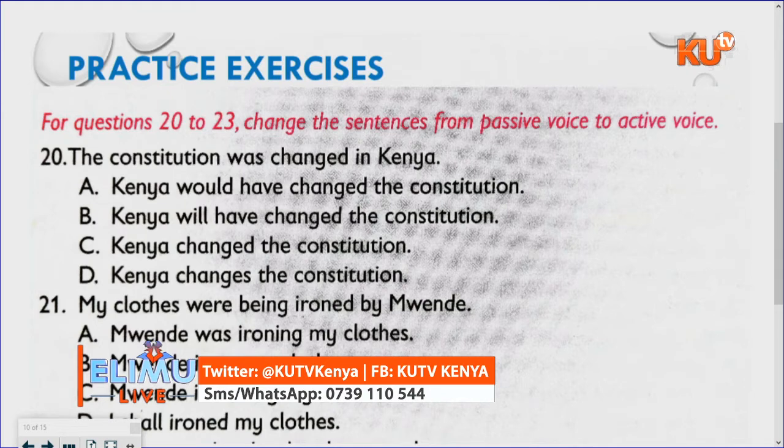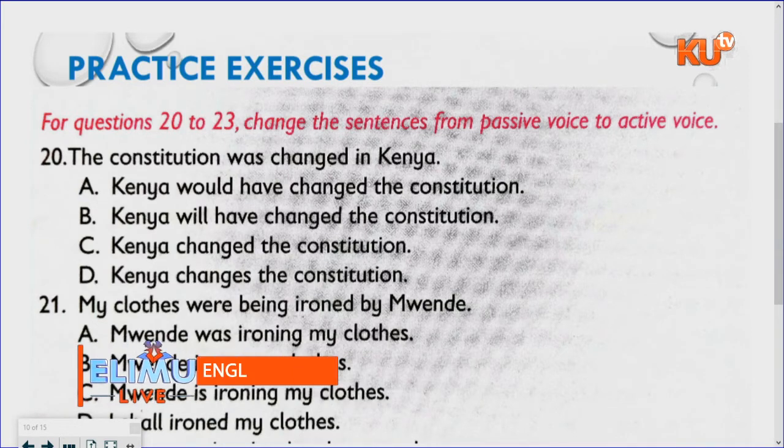The options are: Kenya would have changed the Constitution; Kenya will have changed the Constitution; Kenya changed the Constitution; Kenya changes the Constitution. Which one do you think is the correct answer?